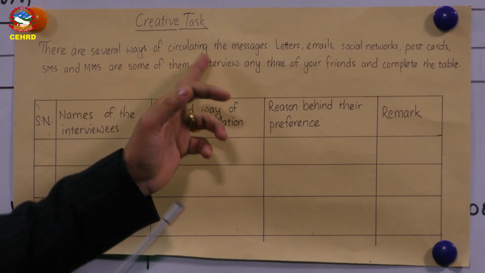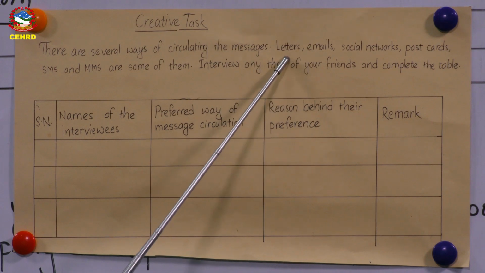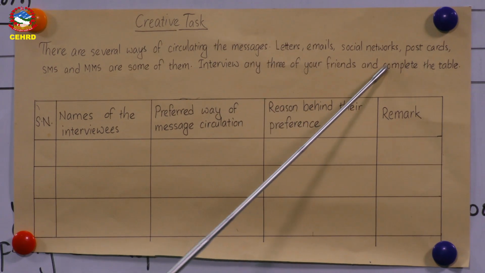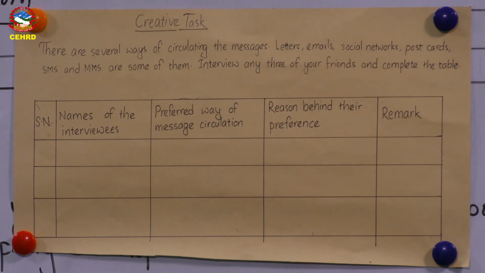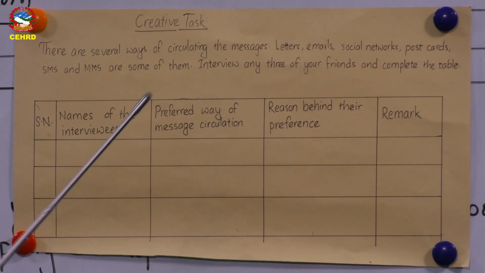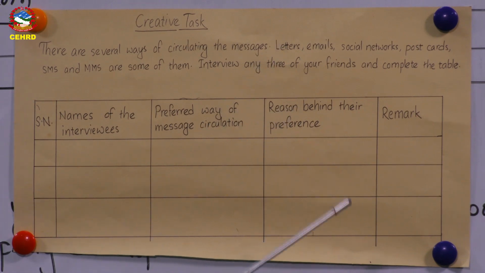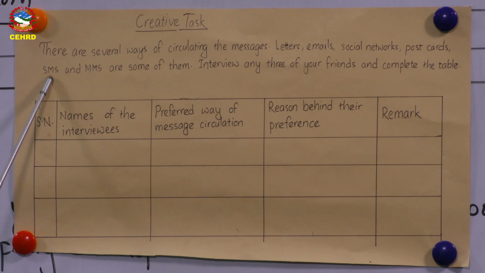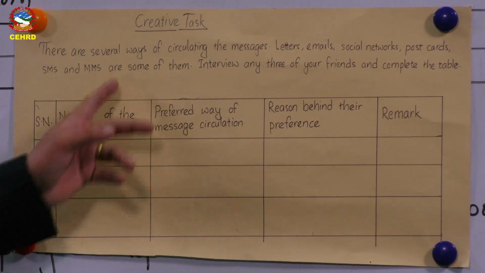There are several ways of circulating the messages, letters, emails, social networks like Facebook or Messenger, Gmail. Social networks means Viber is also there, Messenger is there, WhatsApp, so many things. More. Postcards, SMS and MMS. SMS short message service, MMS multimedia message.